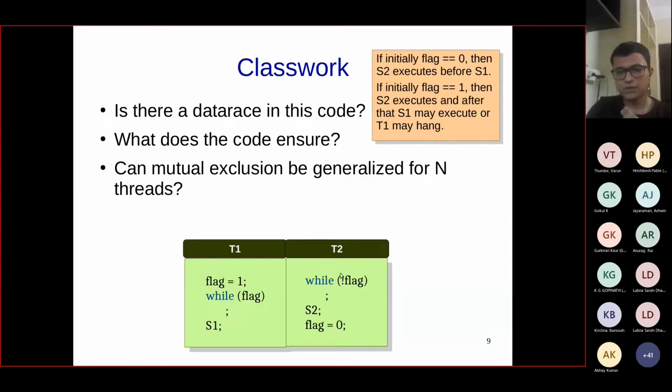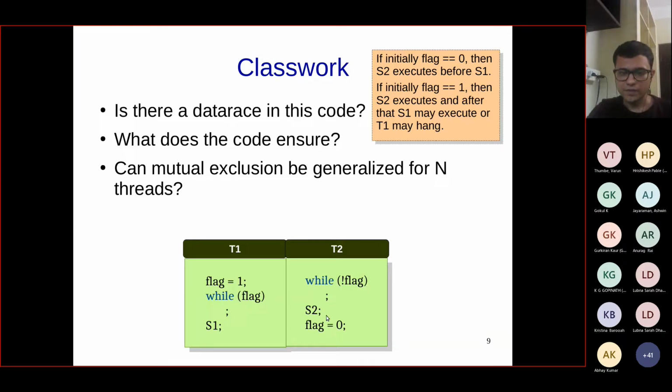So what he's trying to suggest is that let's say flag was initially 1, so not of 1 is 0. So thread 2 will move further, then S2 will be executed, and just before that, let's say thread 1 has also, I mean, when S2 was being executed, thread 1 set flag to 1. Now, sorry, I just misunderstood it. S2 was being executed, flag was 1.